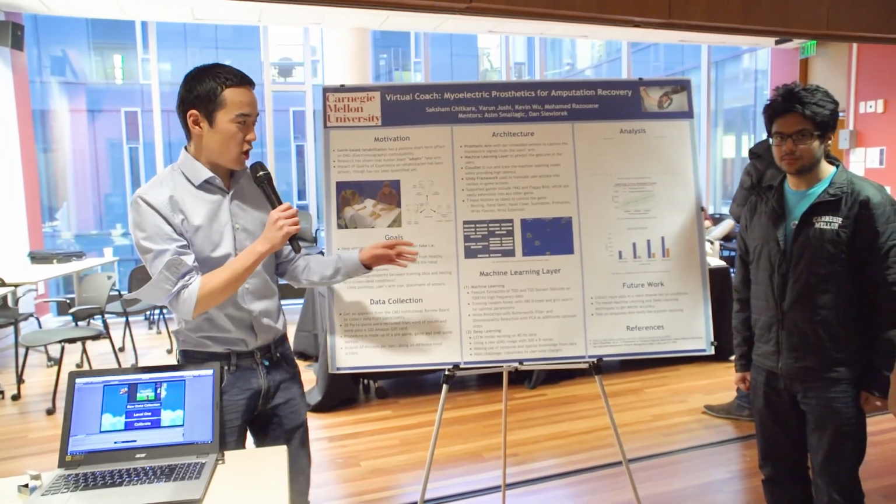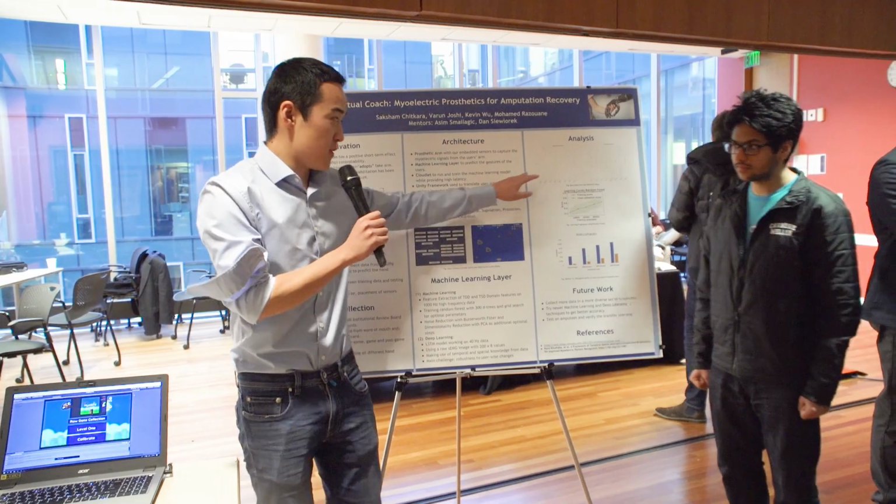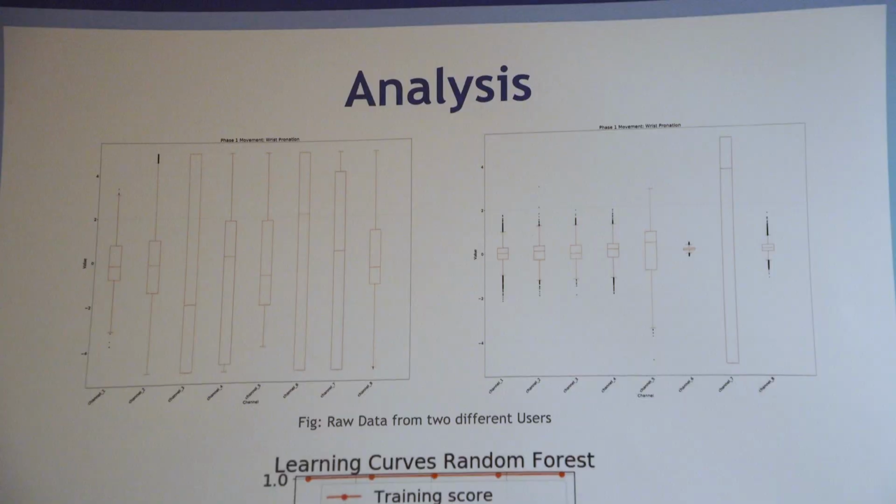Hey, so I essentially talk about the three graphs that we have here. The first pair of graphs shows the box plots of the raw values we're gathering from the device for two different users performing the same movements.